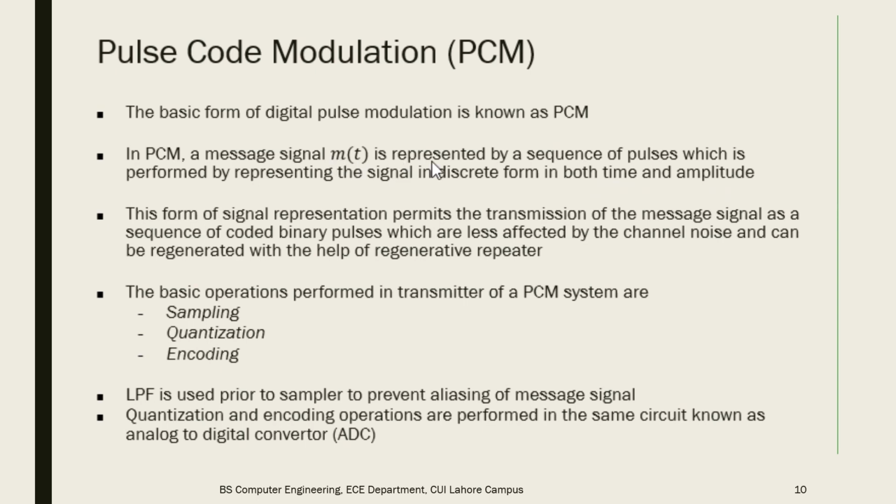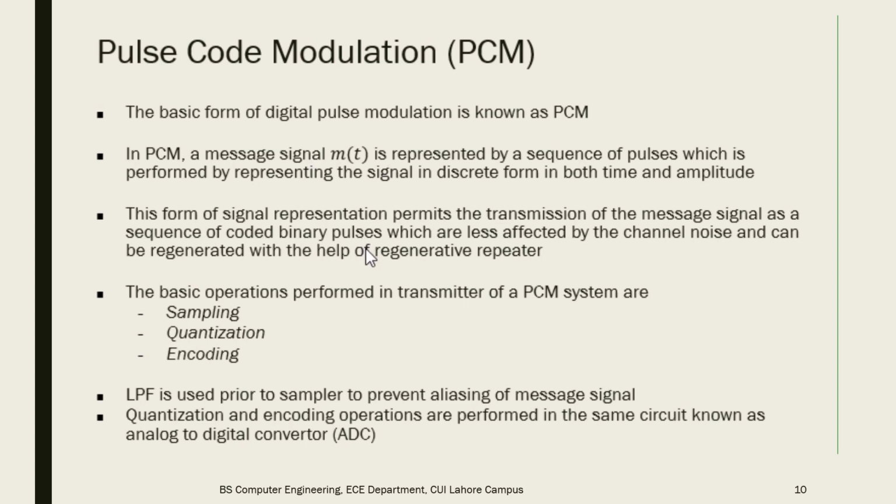So the message signal is represented by a sequence of pulses, which is performed by representing the signal in discrete form in both time and amplitude. Now we have discretized our signal on both the time axis and the amplitude axis. This form of signal representation permits the transmission of the message signal as a sequence of coded binary pulses. So now we will convert this discretized signal into coded binary pulses.